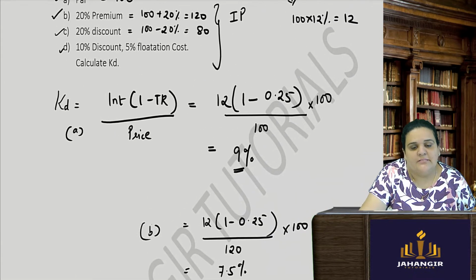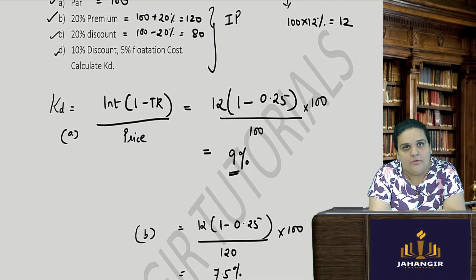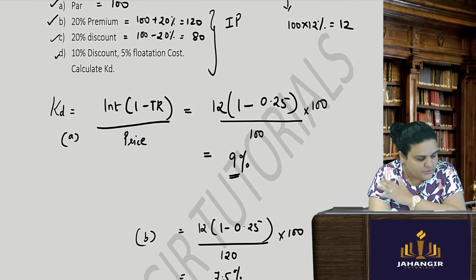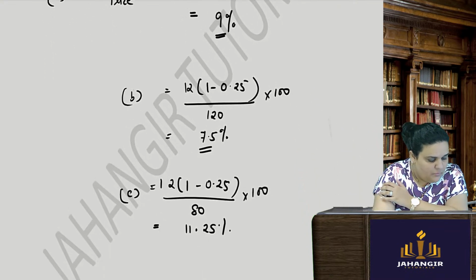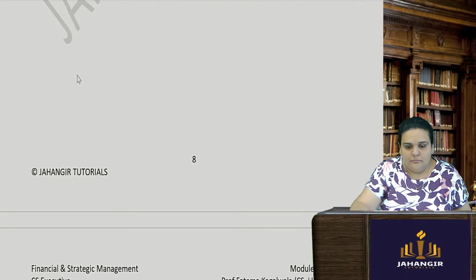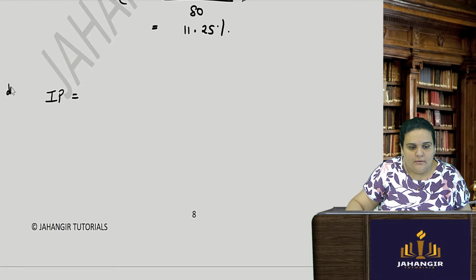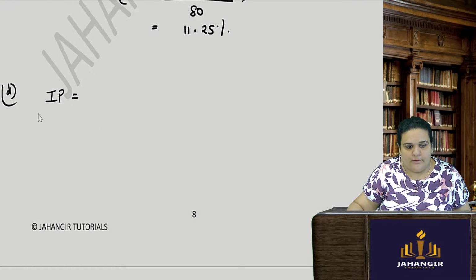And the last one: the issue is at a 10% discount, and also there is a 5% flotation cost. Now how is that calculated? Issue price will be 100 minus 10%, which is 90.